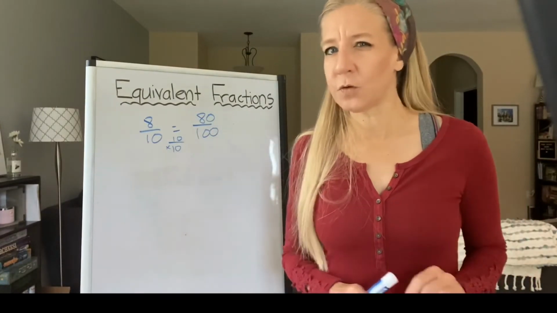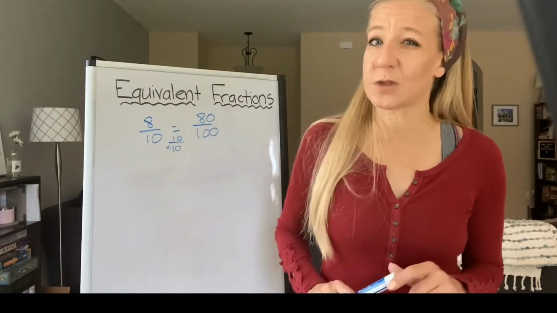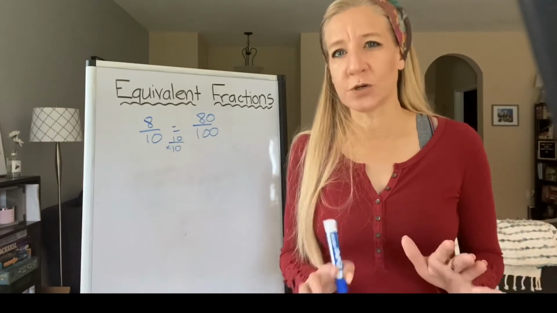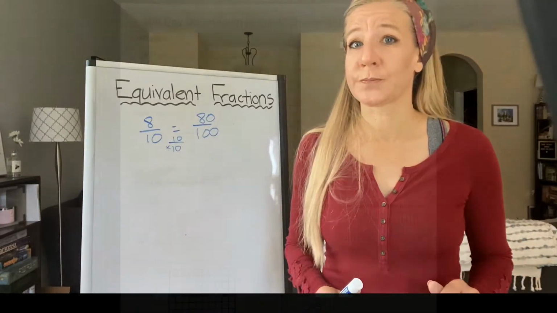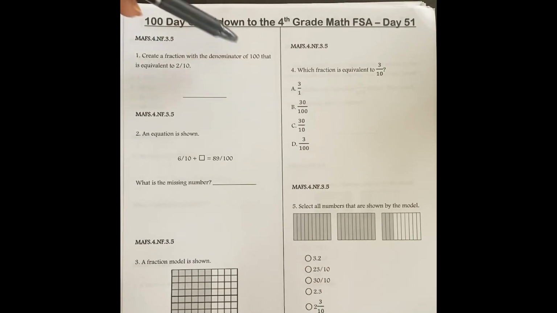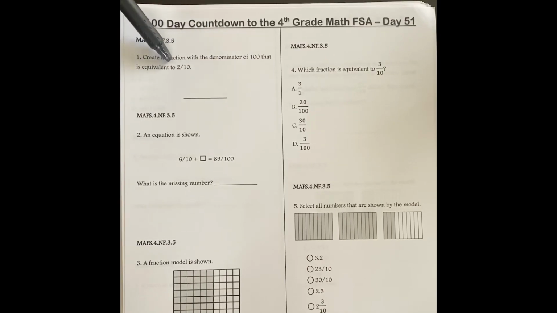Let's take a look at a few of the problems together. We're not going to solve them because you need to do that on your own, but let's take a look at a few of them together just to make sure you understand what you're going to need to do. So in the first problem, it says create a fraction with a denominator of 100 that is equivalent to 2/10. That's very similar to what we were doing before. Actually, that's exactly the problem that I used as the example.